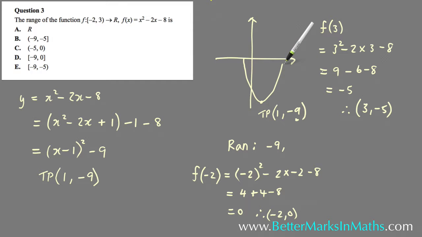So that means that this is actually lower than this one here. This one is -2 comma 0, and this one here, I'll just have to put a point in, say, here, and I'm going to make it open to start with. So 3 minus 5. So this point wasn't included, so that means this point is not included. That's the 3 minus 5 there, so 3 across 5 down.